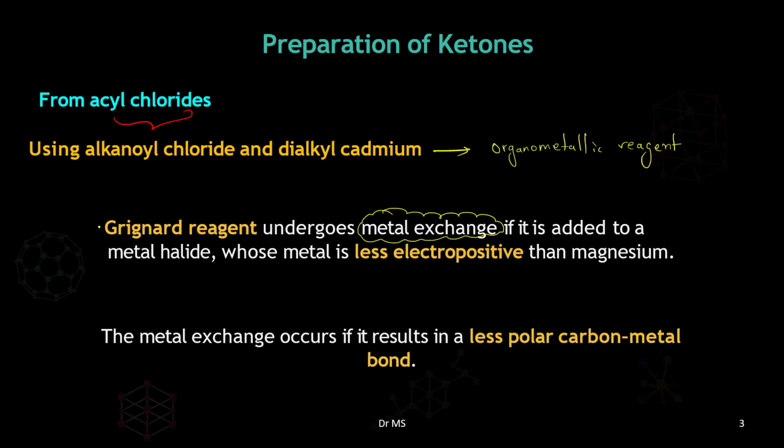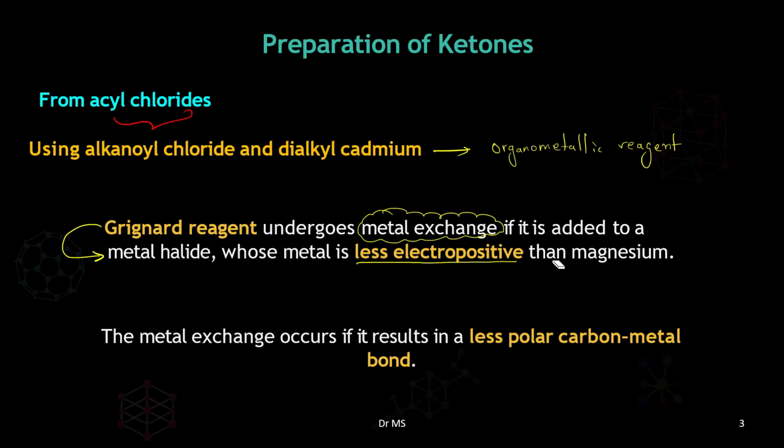And how does this happen? Remember this, the metal halide exchange will happen only when the metal is less electropositive than magnesium.